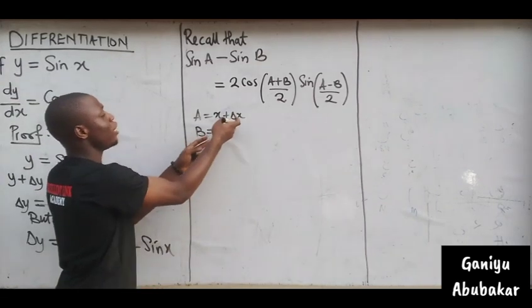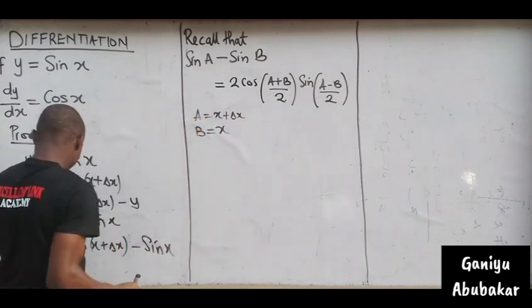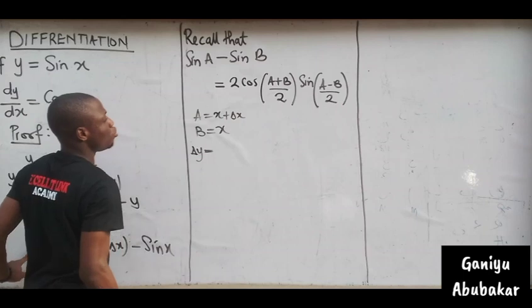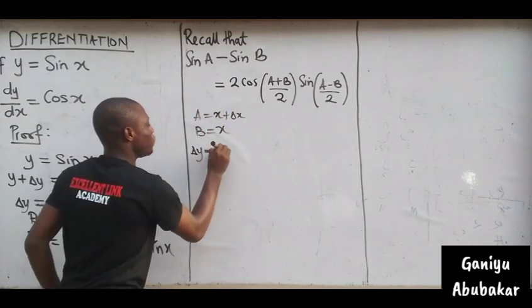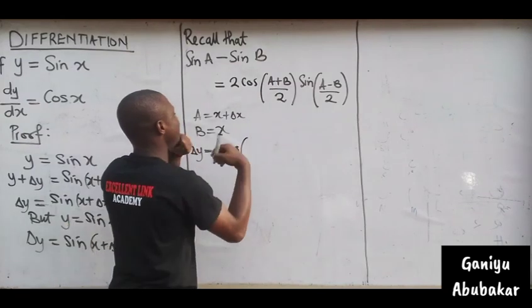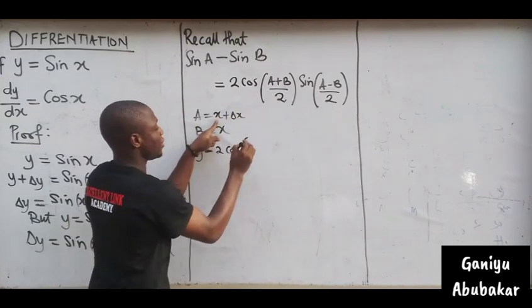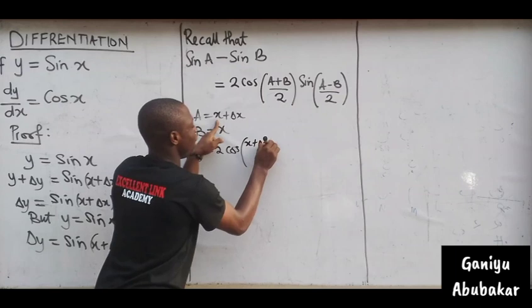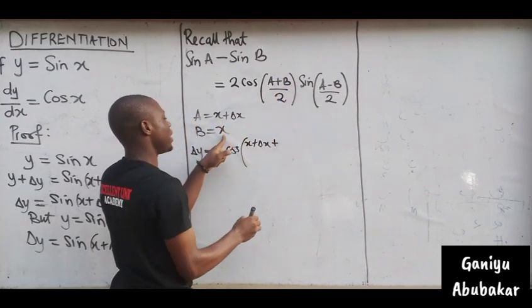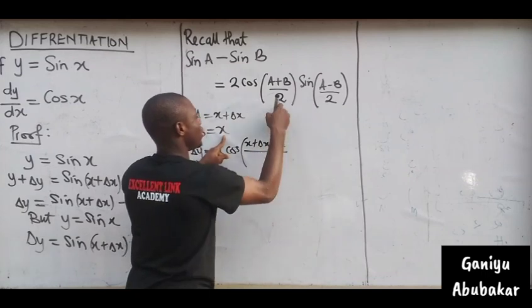So putting these values here, I'll have that change in y is equal to 2 cos of, what is a? A is simply x plus change in x, then a plus b, where b is x, all over 2.